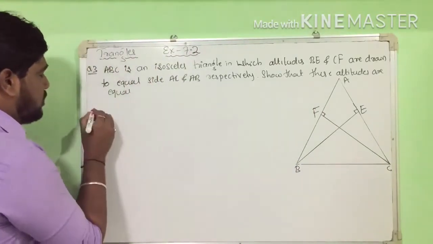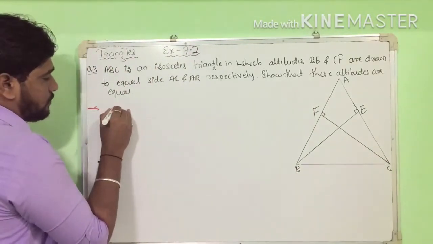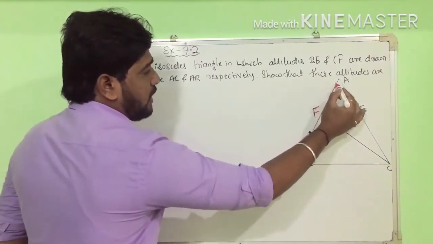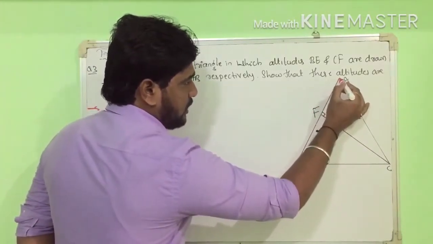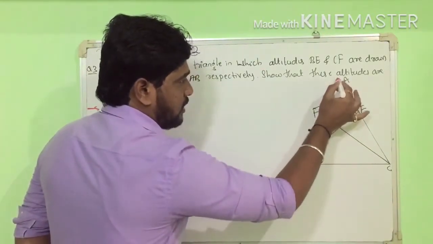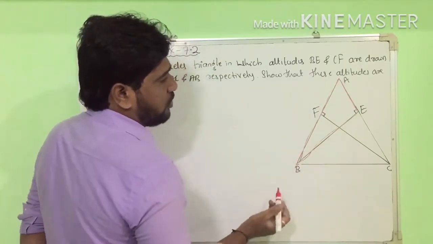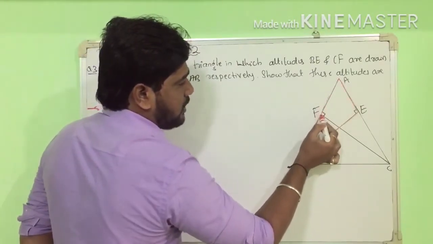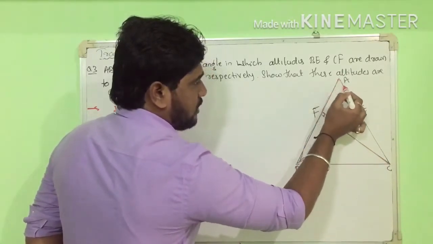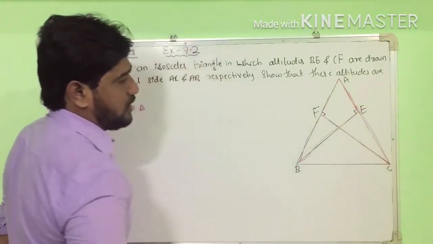So first, let me solve here. In a triangle, see here, AEB is one triangle, and AFC is another triangle.